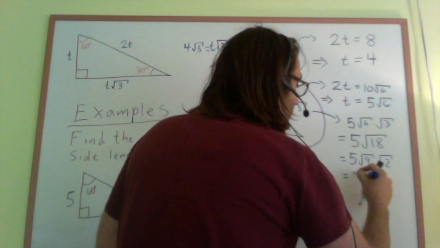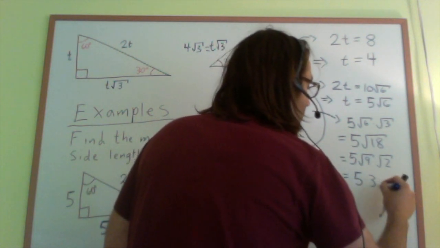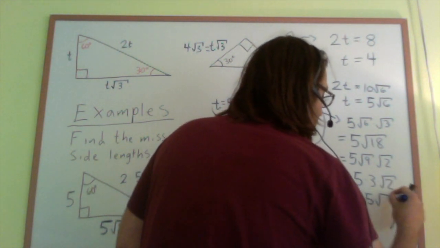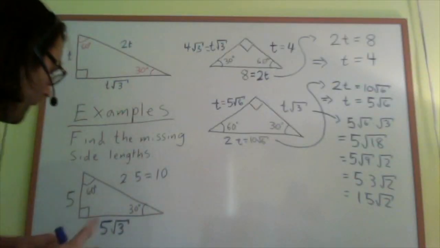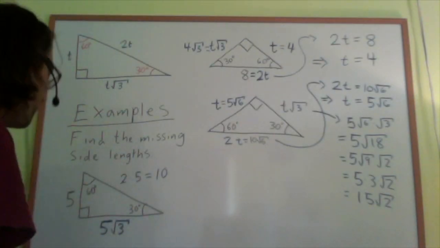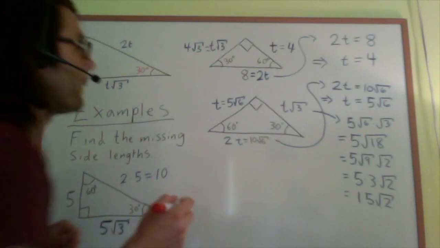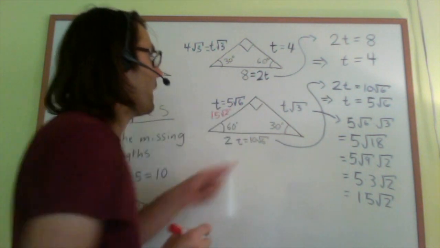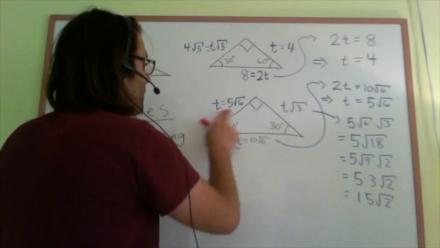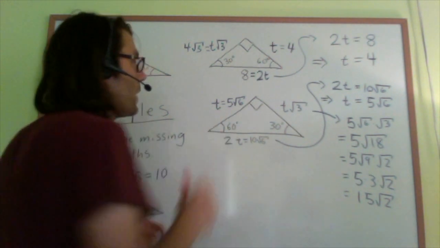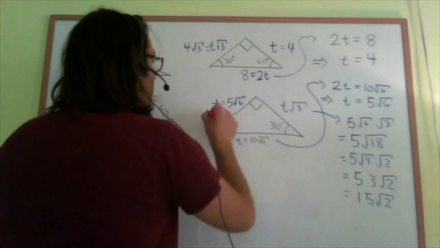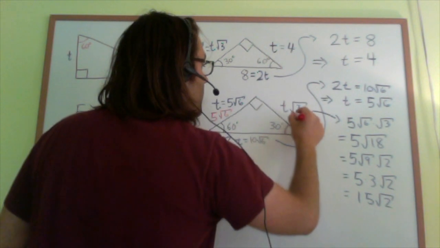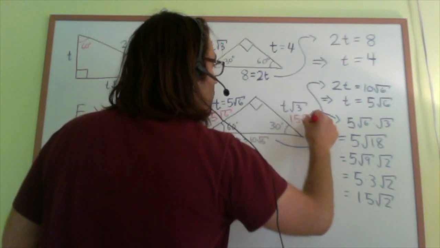Therefore, this is 5 times 3 times root 2, which is 15 root 2. Okay, and maybe I'll write the final result here in red because it was complicated. So this here was 5 root 6, and this here was 15 root 2.